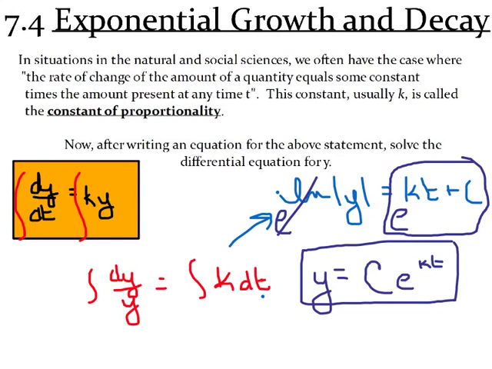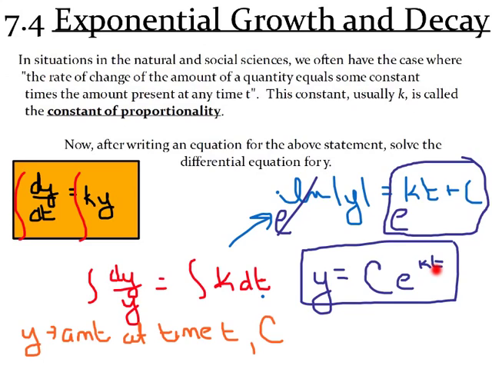And this is our exponential growth function. Okay, make sure you have this written down, and also make sure that you know what all the parts are. Your y is going to be your amount of your substance at time t, so that takes care of what that variable is and what that variable is. Now, c, if you think about putting in a 0 for time, then e to the 0 is 1, so y equals c.